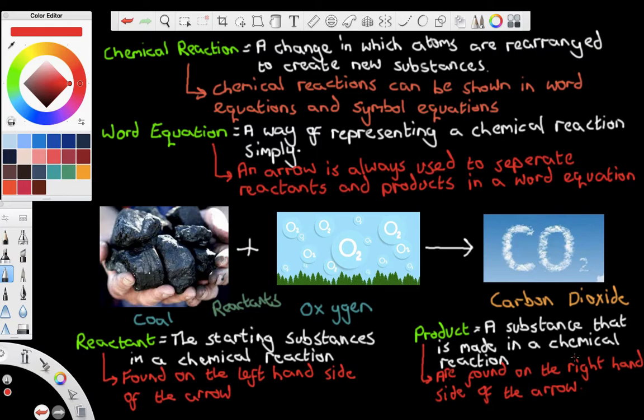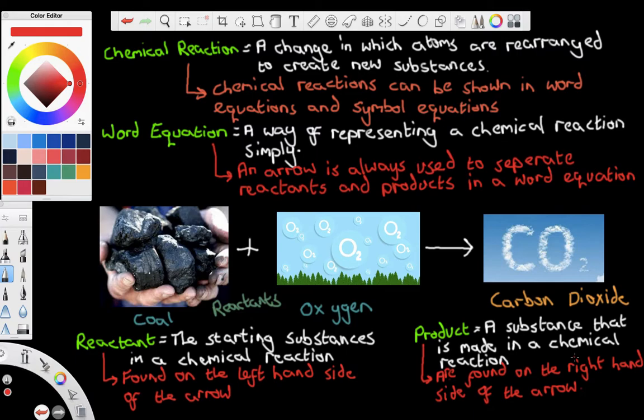Okay? So a chemical reaction is a change in which atoms are rearranged to create new substances. Chemical reactions can be shown in word equations and symbol equations. A word equation is a way of representing a chemical reaction simply. We always use an arrow to separate the reactants and the products. The reactants are the starting substances in a chemical reaction, and they're found on the left-hand side of the arrow, whilst the products are the substance that is made in a chemical reaction.